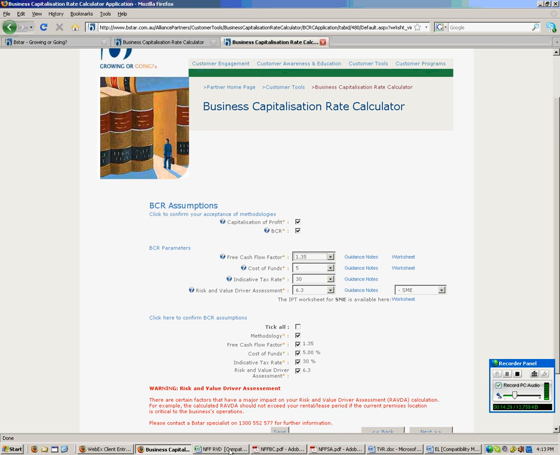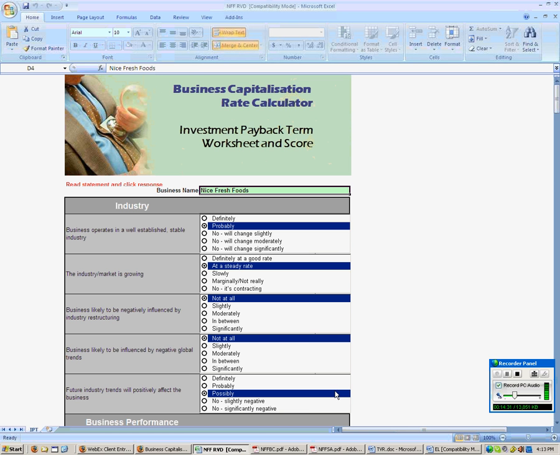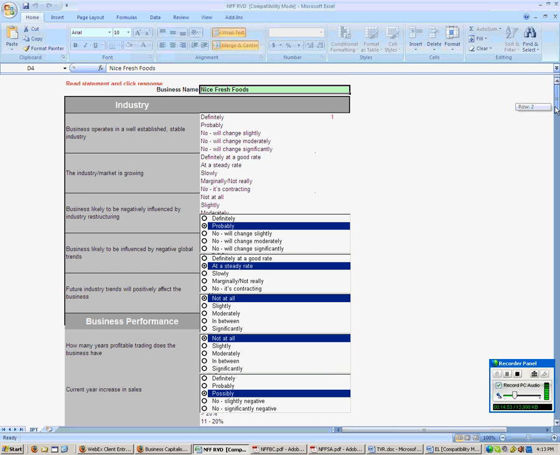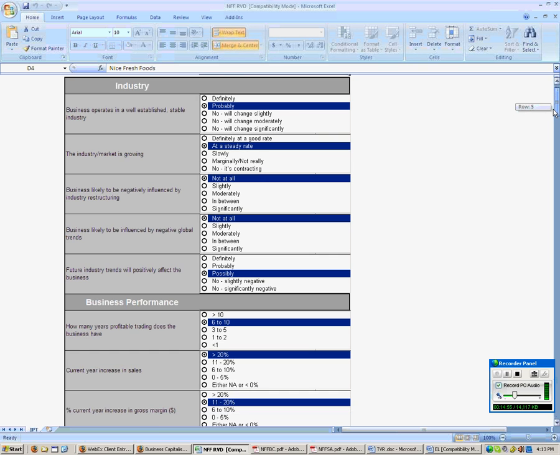The assessment provides alliance partners with a comprehensive questionnaire to assess the risk profile of the business they are valuing. The assessment grades both the quantitative and qualitative value drivers, producing a payback term for the business being valued. The assessment starts off by analysing industry risk and the impact on business value.